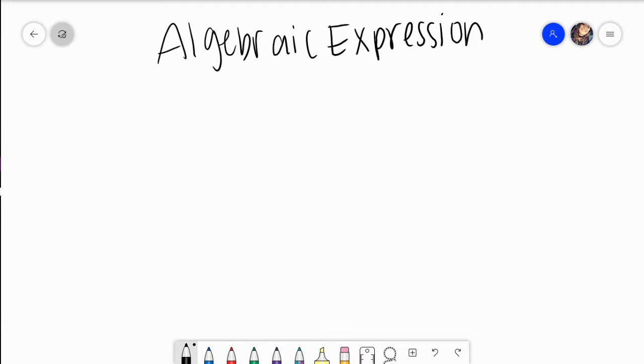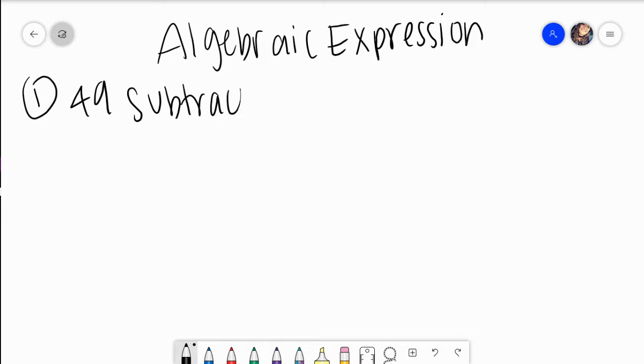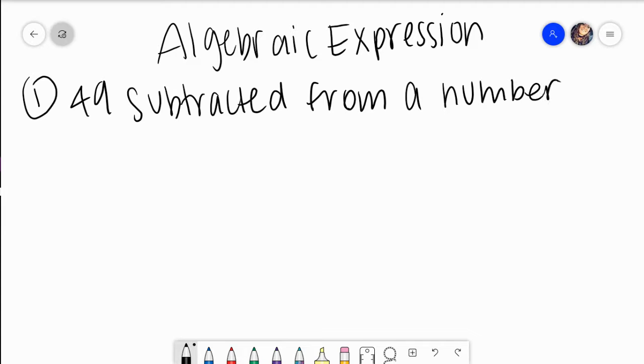It'll say something like 49 subtracted from a number. It'll also tell you what to use for your unknown variable. We're going to let x be the number, okay?